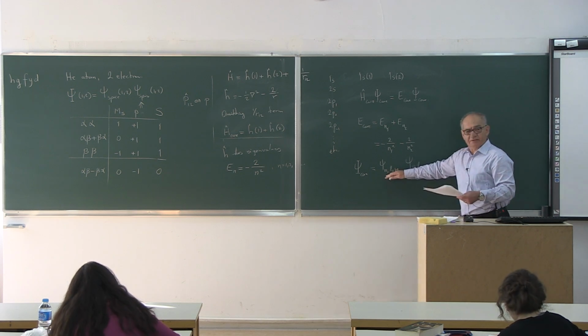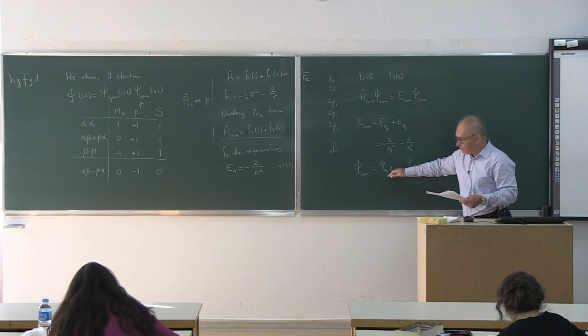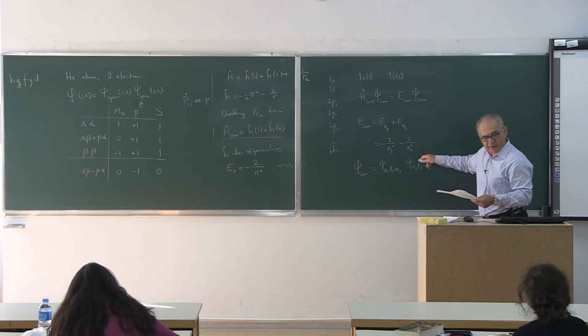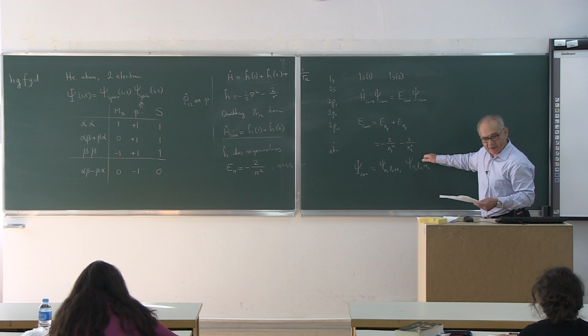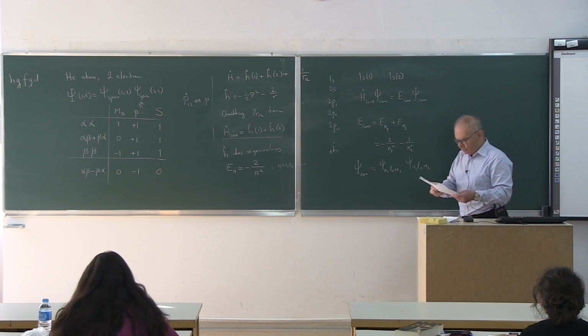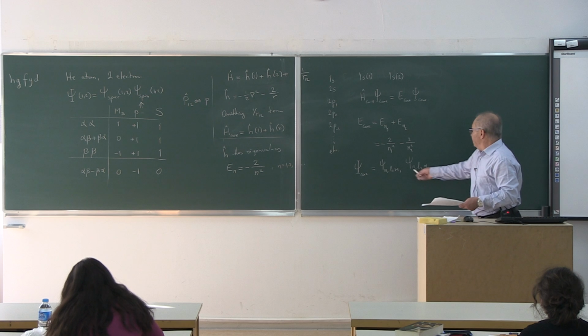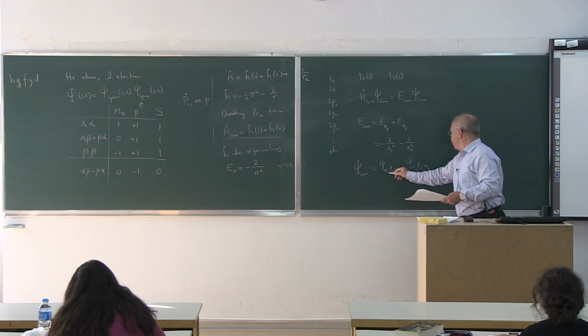The first factor is the space function for the first electron, and the second one is the corresponding space function for the second electron. This is an orbital product.